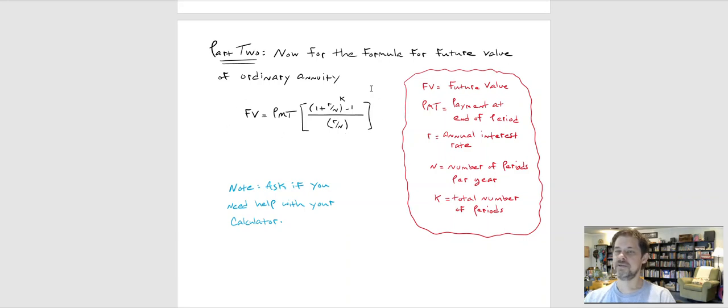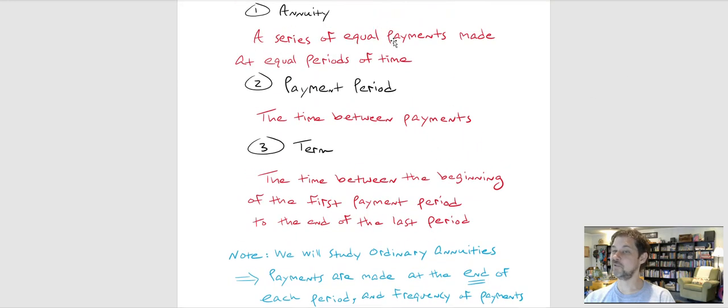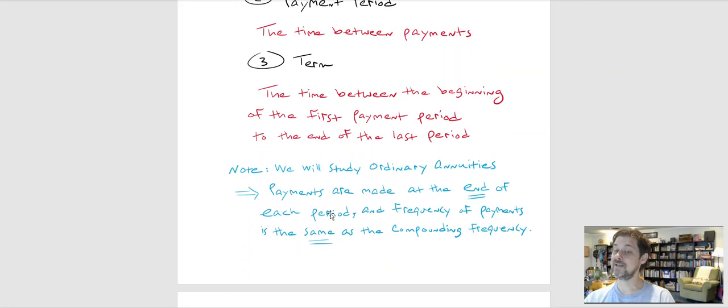Here is the formula for the future value of an ordinary annuity. Because maybe these terms are new to us, remember, an ordinary annuity is when payments are made at equal periods of time, equal payments, equal periods of time, but at the end of each period.